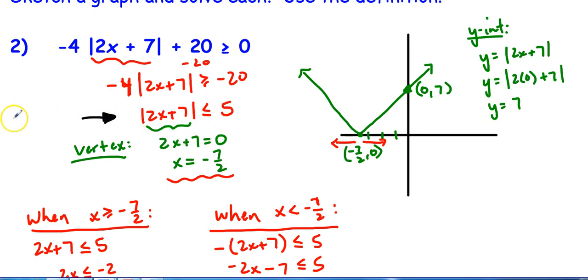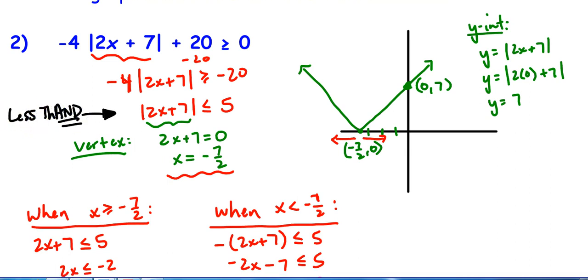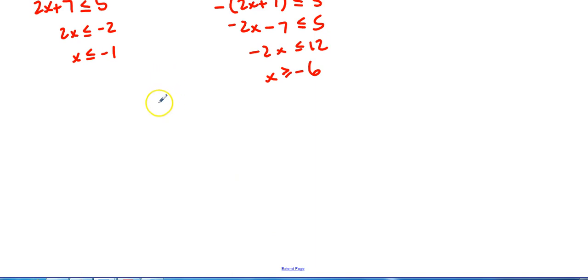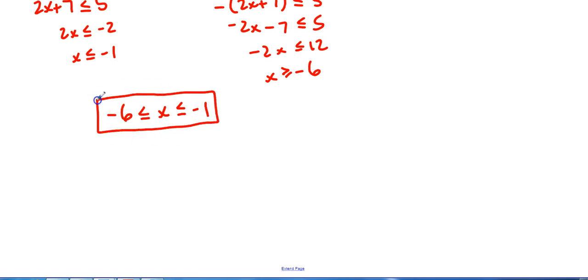So this tells me less than. That means I better have a compound inequality for my answer here. So combining these two and writing them as a compound inequality, I'm going to take the smaller number, put it on the left, so -6, is less than or equal to x, which is less than or equal to -1, and there are my solutions.